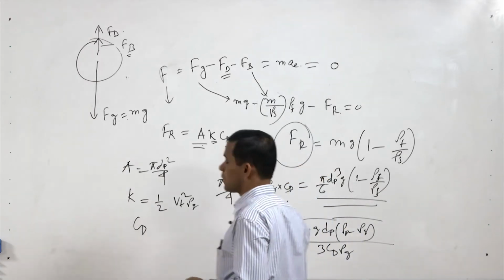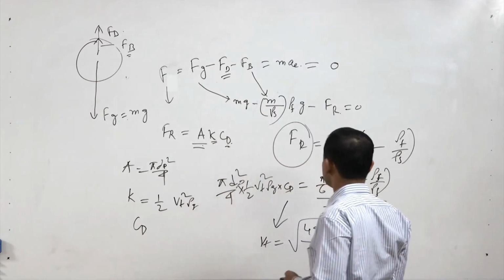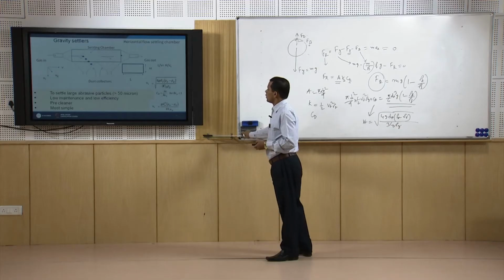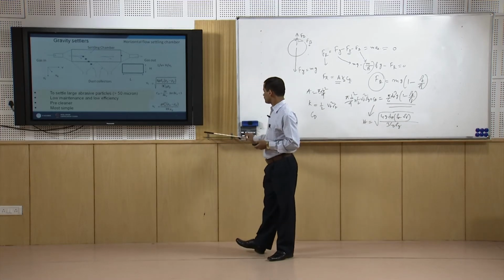This is the expression we get from the force balance on the particles, so we can get the value of Vt.